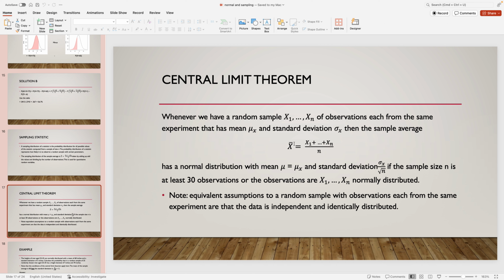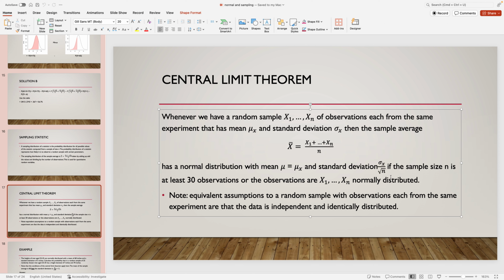The mean of that normal distribution for the sample average is the same mean as each of the observations, but the standard deviation gets reduced by the square root of n. So its new standard deviation is right here. And that's a very important thing, how that standard deviation changes.